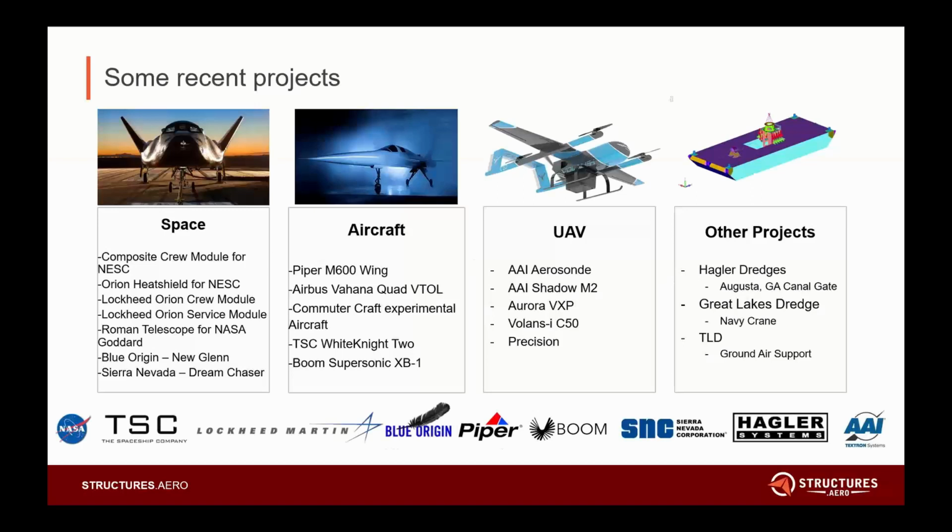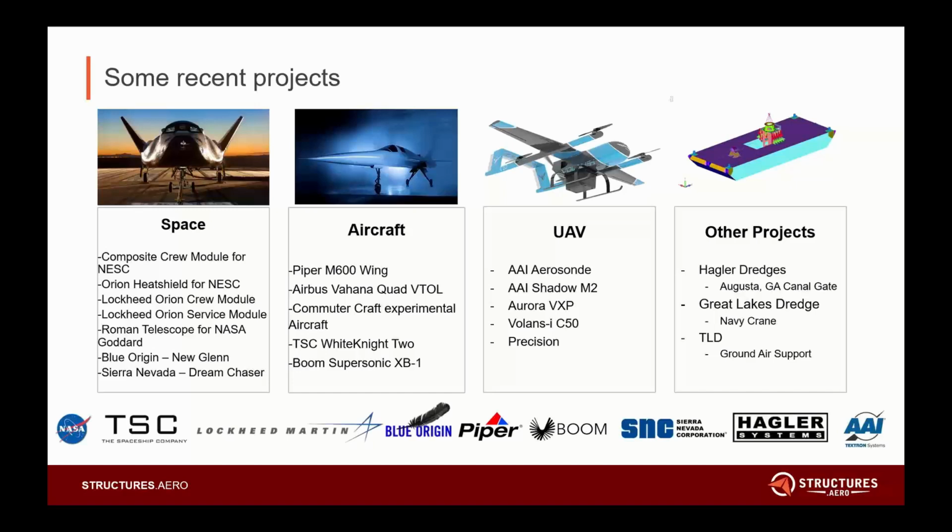Some of our recent projects obviously include Blue Origin with New Glenn, Sierra Nevada with the Dream Chaser, the Piper M600 wing for the aircraft section, and the Airbus Vahana VTOL. Some of the larger projects include Scaled Composites White Knight 2 and Boom Supersonic XB-1, which I believe they're flight testing right now.